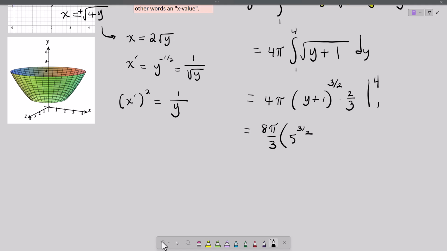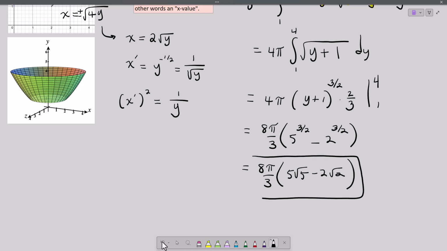And then we plug in the 1 and we get 2 to the 3 halves, and we subtract the 2. You can leave it like that, that's totally fine. That would be acceptable on an exam for sure. But most of the time, this would be the preferred way to write it, where you turn your 3 halves power into a square root and you get rid of that fractional exponent.